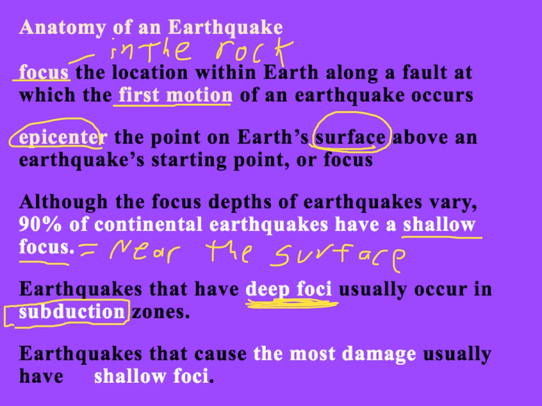And the deep focus is deep underground. It doesn't cause as much damage because it is farther from the surface. And so shallow foci is close to people because we live on the surface of the earth.